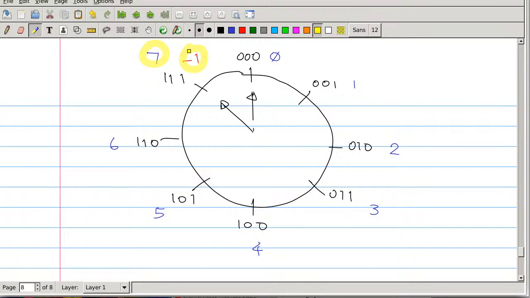So if somebody asks me, what is 111 representing, is it 7 or negative 1? Here's my answer, and you probably want to remember it: why do you care?